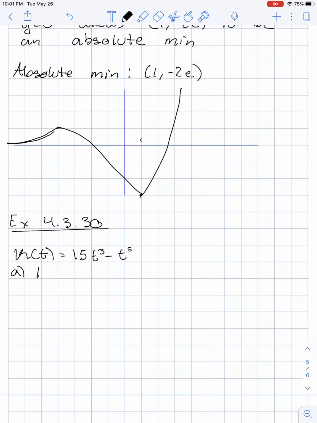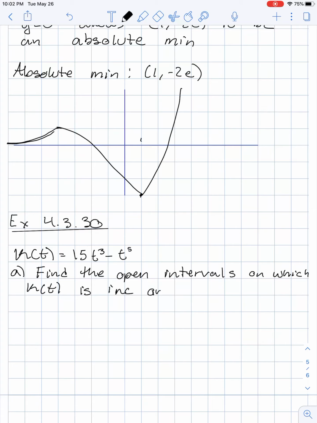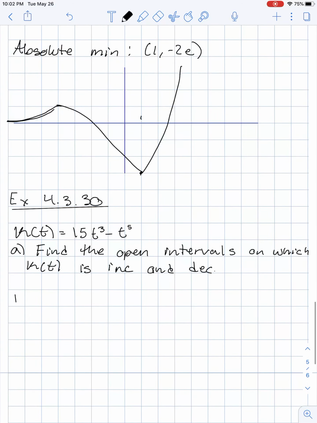We're first asked to find the open interval or intervals on which k of t is increasing and decreasing. Alrighty, so we're going to find our critical points. So we need to find k prime of t. Did I write this down right?